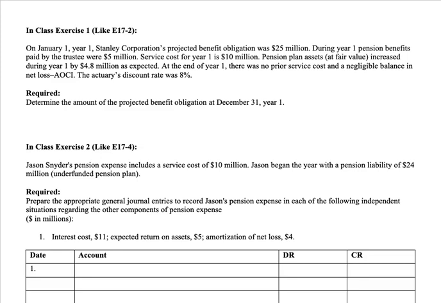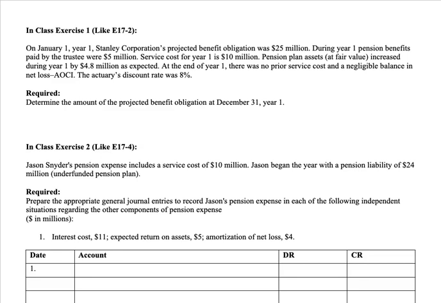Now, a defined benefit plan is a little bit different. In a defined benefit plan, the employer is actually responsible for making those payments. So when we go over this accounting, we're talking about that defined benefit plan, because this is where the employer is responsible to pay out the obligation.